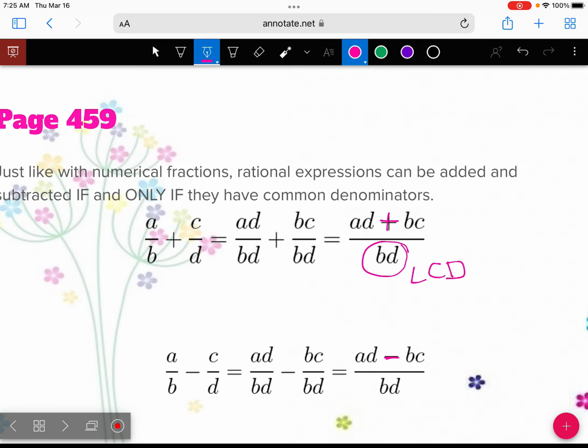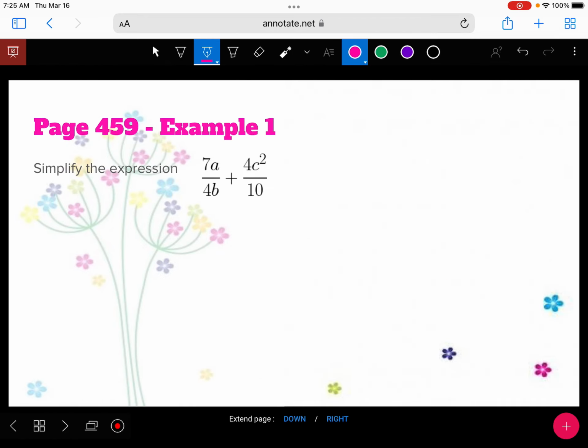You do not have to start out with the least common denominator, but we do eventually have to simplify to get there. And there will be times when it saves us work, and I will show you what it looks like to see that. Okay, so we're going to look here. Here's example 1. And this is a really great example of there's an easy way and a way that requires more simplifying.